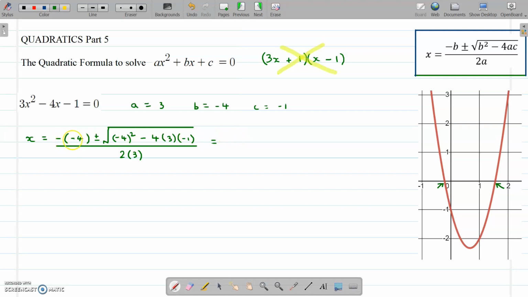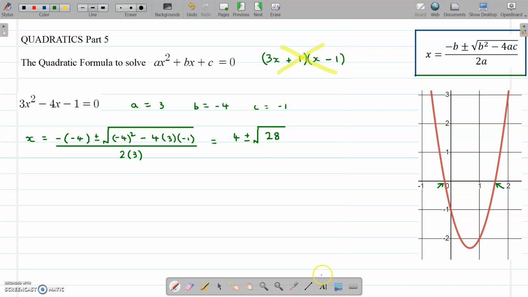So the first part is the negative of negative 4, which is 4, plus or minus the square root of what's under the square root sign there. Now this is going to be minus 4 times minus 4 is 16, take away 4 times 3 times minus 1 is negative 12. So you've got 16, take away negative 12, which is 16 plus 12, which is 28.